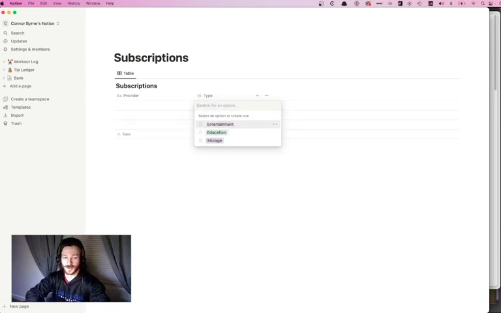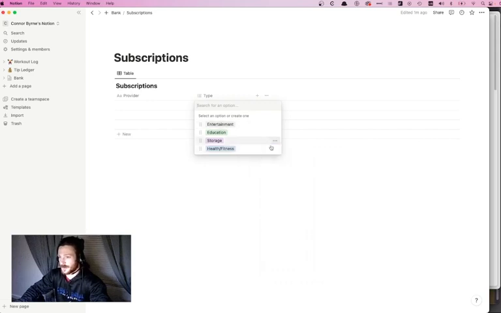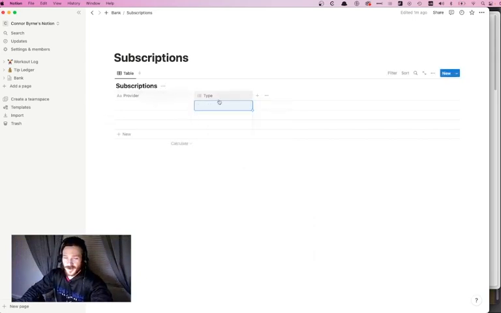And probably another good one would be health and or fitness. Something like a gym would be within this category. Okay, so with these in mind, I'm just going to change the coloring so that they're all different. There you go. Now, we have a provider and we have a type.